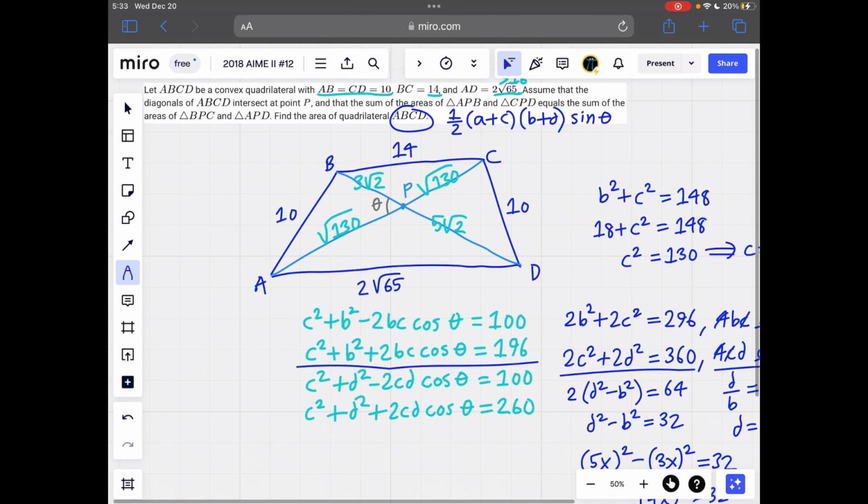But a is equal to c, so we just do 1/2 c plus c, which would then be just c times b plus d times sine theta. And we know b plus d is 8 root 2, is 3 root 2 plus 5 root 2. C times 8 root 2 sine theta. So all we need to find is the value of sine theta now, because we know that c is equal to root 130.